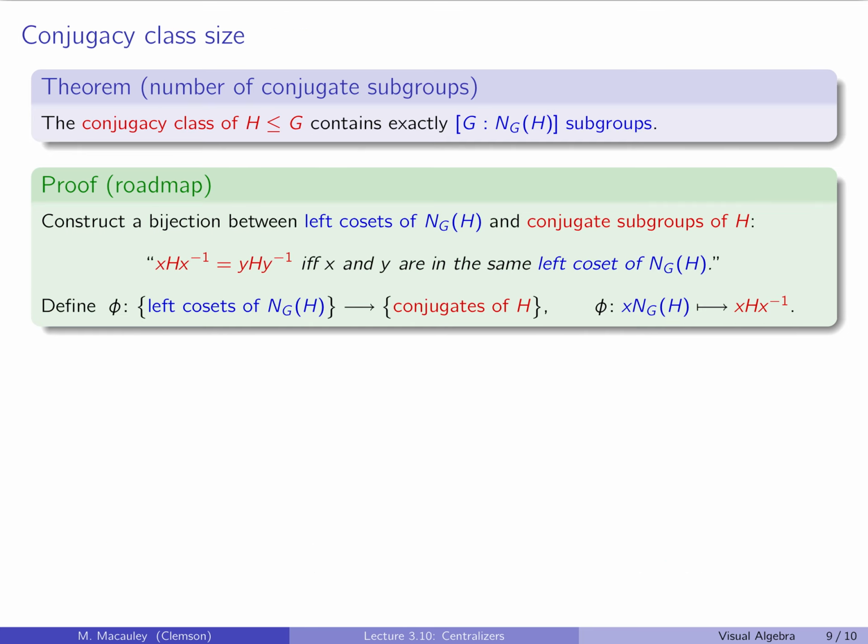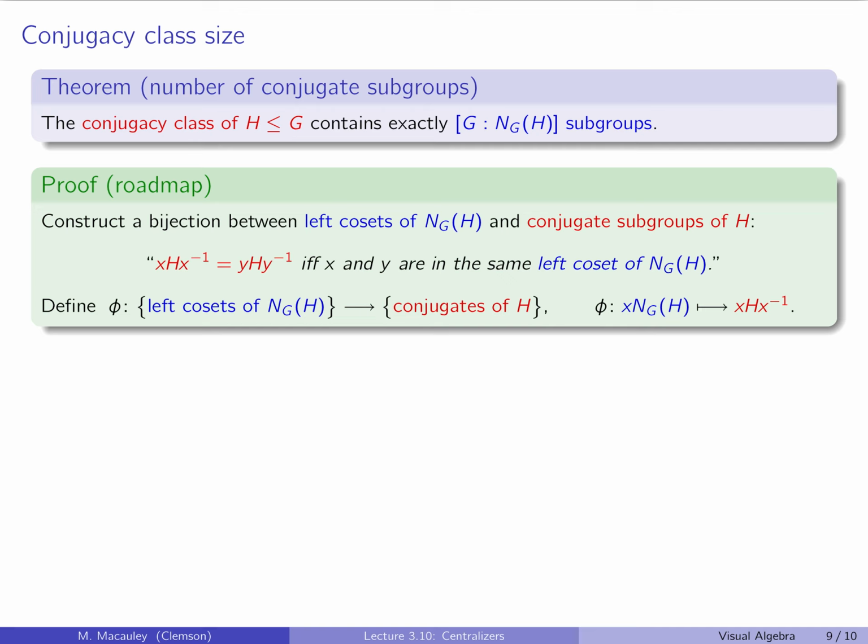In summary, in lecture 3.5, we showed that the conjugacy class of a subgroup H contains the same number of subgroups as there are cosets of the normalizer. And the proof of this is by constructing a bijection between the left cosets of the normalizer and conjugate subgroups.